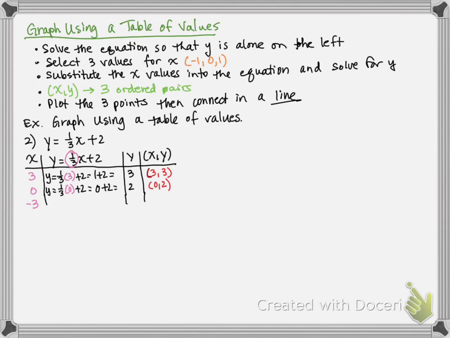And then the last one, I'm going to have 1/3 times -3 plus 2. So I get a -1 plus 2 equals 1. So the last one I'm going to graph is a -3, 1.